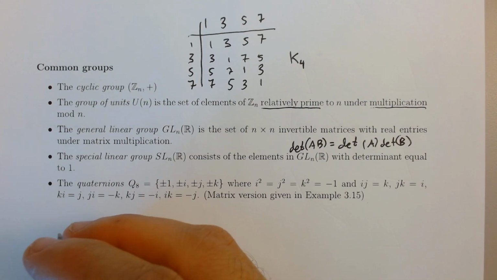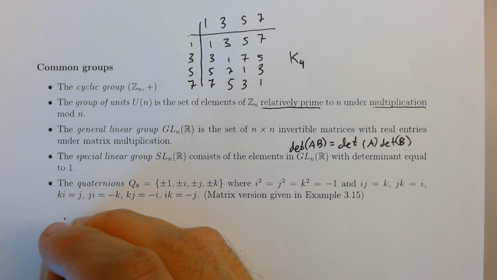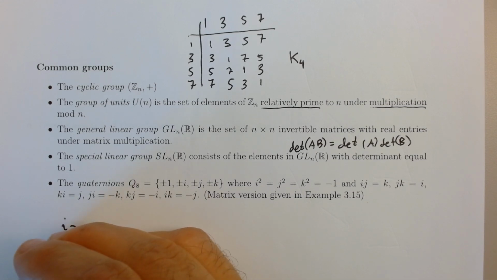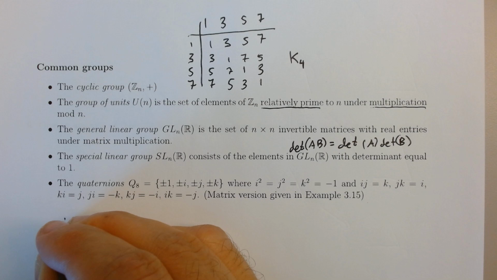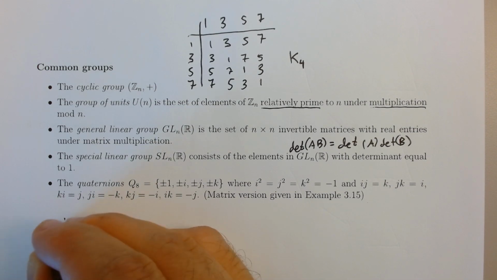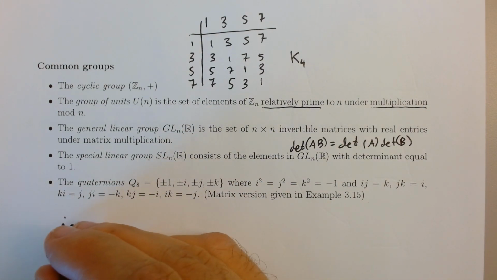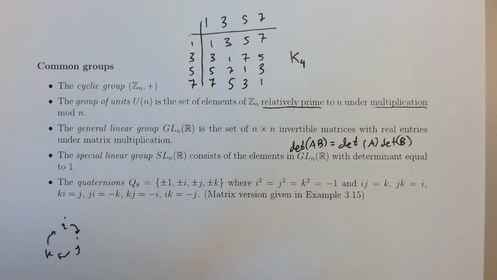So a way of remembering this is if you put i, j, and k and just make little arrows. This tells me that ij is k, jk is i, ki is j. So when you multiply in alphabetical order, you just go around this little circle. But ji, for example, is -k.